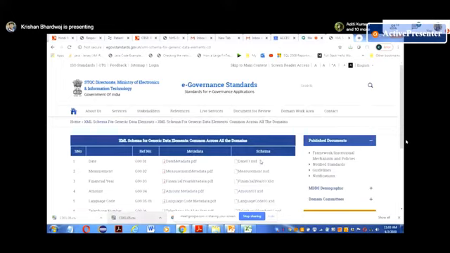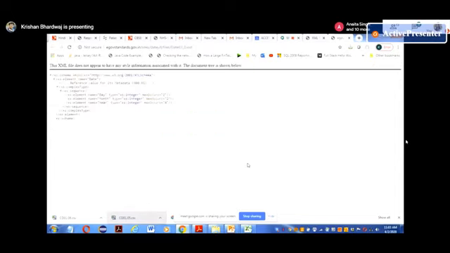As I said, generic domains are all the elements which are common across all the domains. I would not use the word ministry, I would say common across all the domains. For example, date, so they are publishing the XSD file for that. So this is the XML schema. This is what government requires.